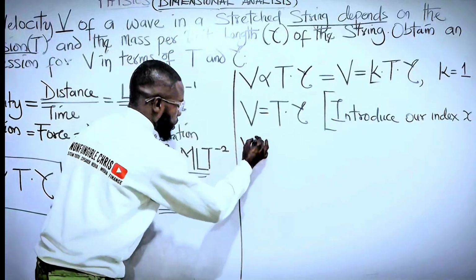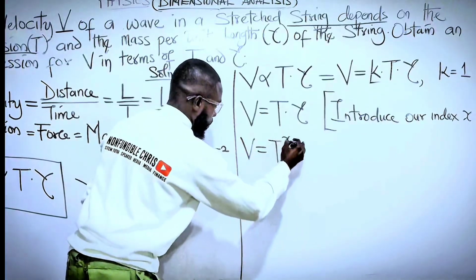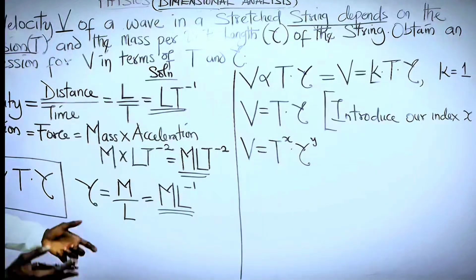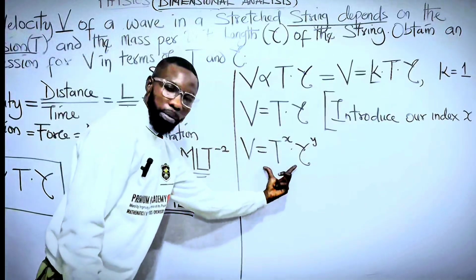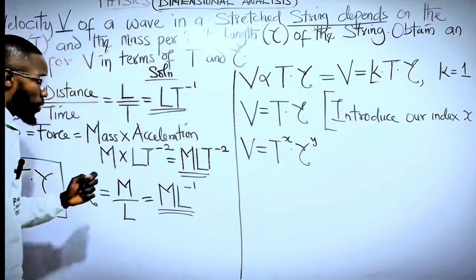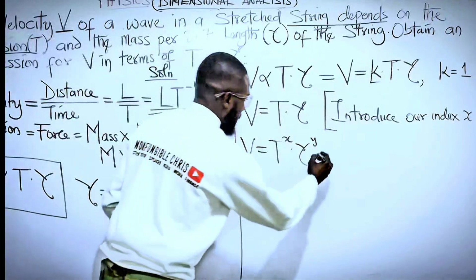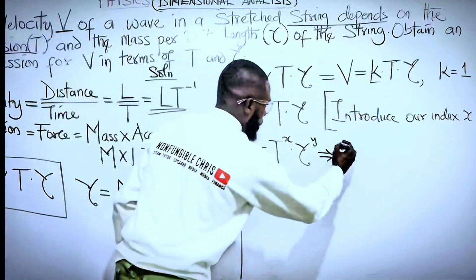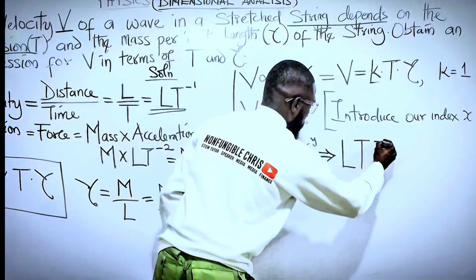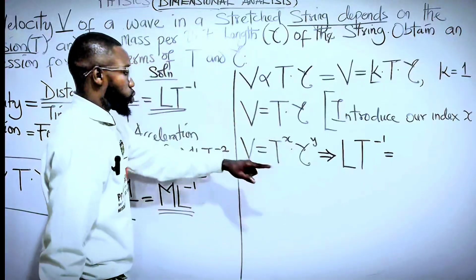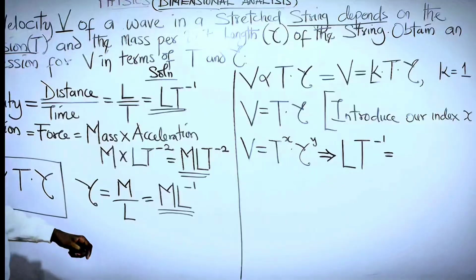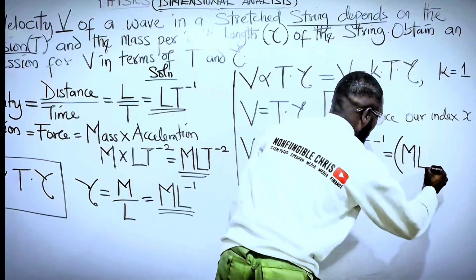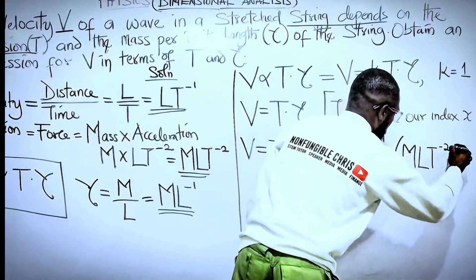So for that, it becomes v equal to T raised to power x times our gamma raised to power y, right? And then next, we use their dimension parameters for this, right? So for our left hand side, which is the v, we have LT raised to power -1 is equal to, for our tension, which is a force, we have mLT raised to power -2.